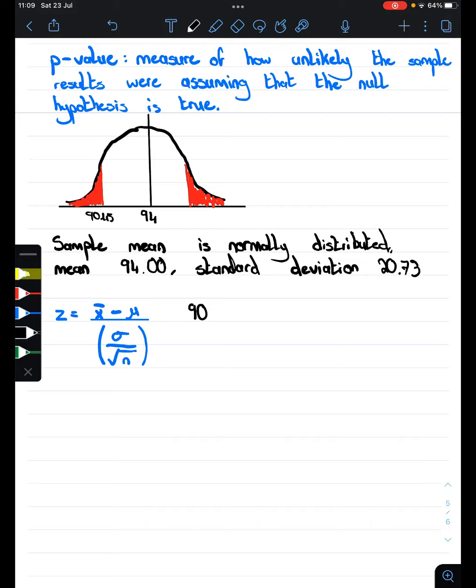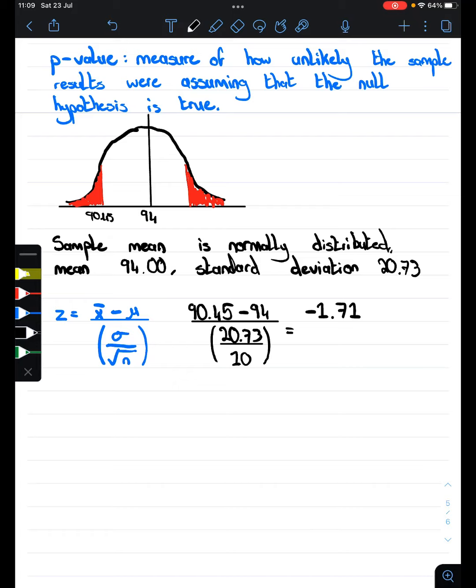So we've got 90.45 minus 94 all over 20.73 over 10. If we put that into a calculator, we get minus 3.55 over 2.073, which is about minus 1.71.